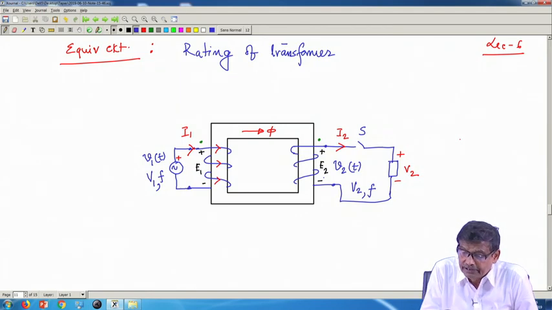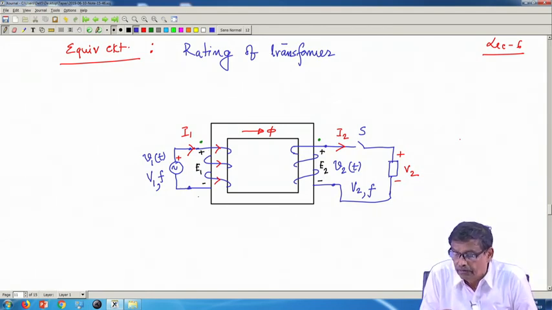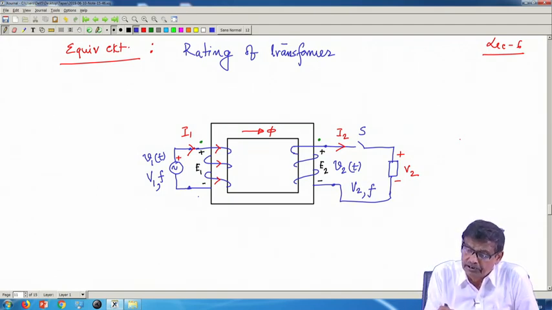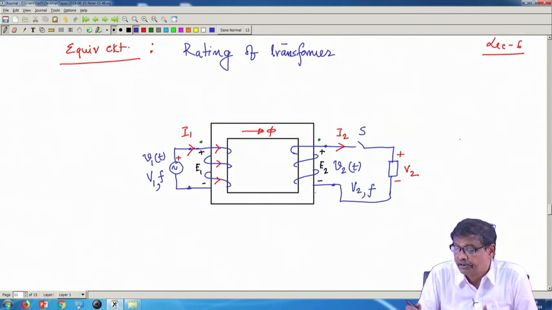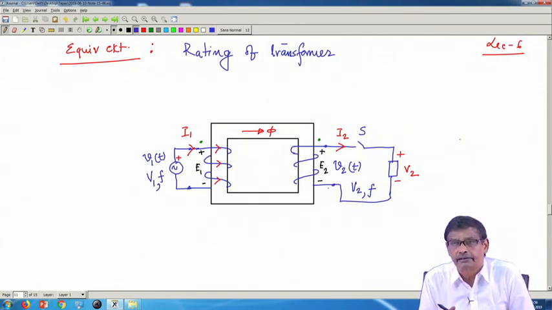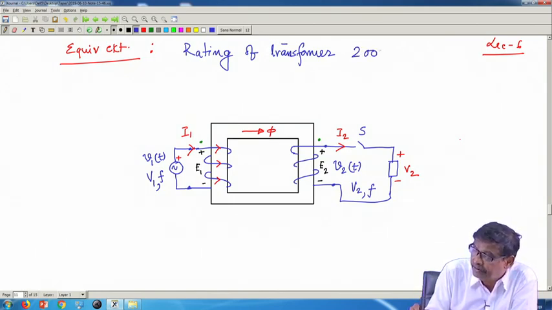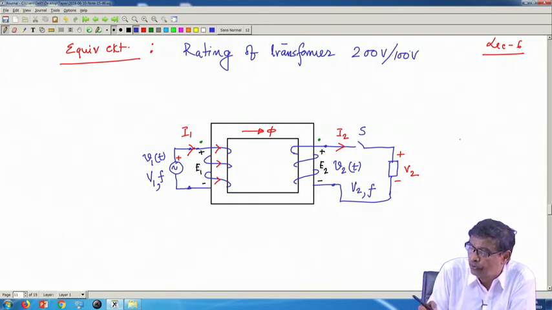Also, what is the current carrying capacity of the coils on both sides. For example, somebody writes the voltage ratings as 200 volt stroke 100 volt.